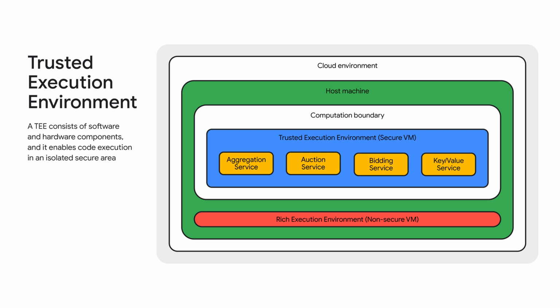A TEE consists of software and hardware components, and it runs in a cloud environment that provides its own set of security measures. A TEE enables code execution in a secure area on a CPU that is isolated from the main operating system and other applications. The key value service and the bidding and auction services are other Privacy Sandbox services that run in a trusted execution environment.